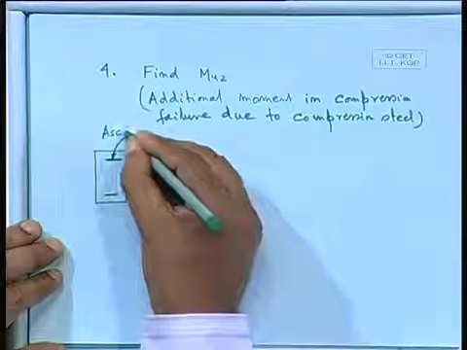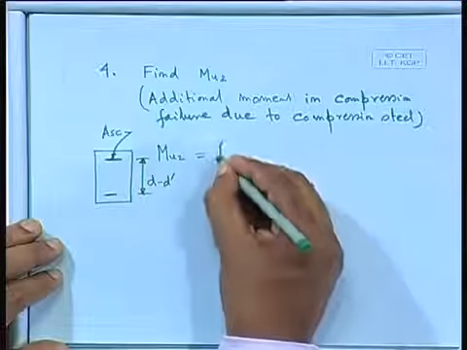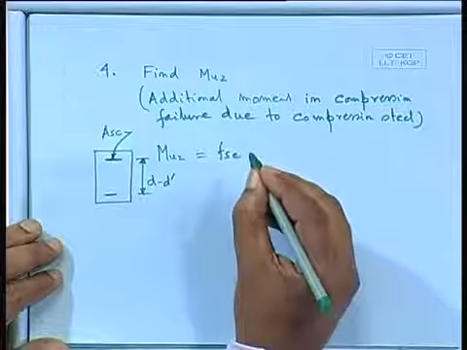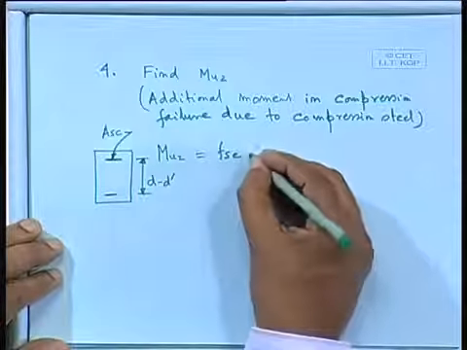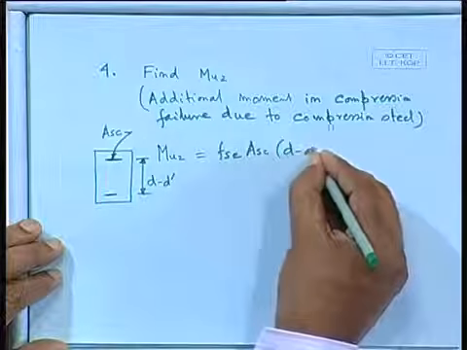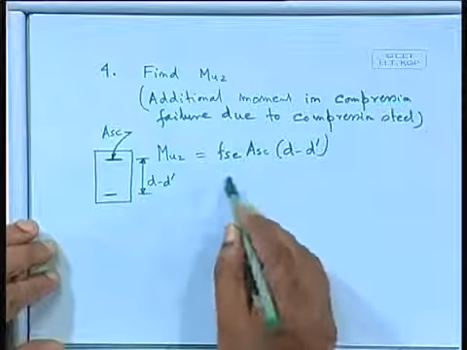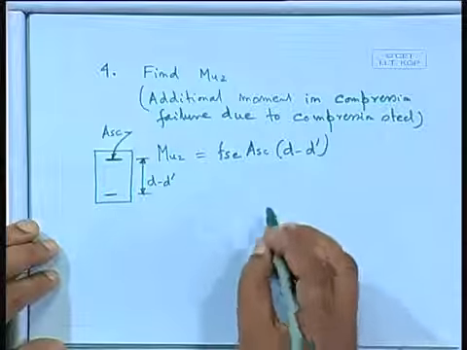ASC. So, Mu2 equal to FSC, which you have got from the strain, times ASC the force, times the lever arm, which is always d minus d dash. Mu2 equals FSC ASC times d minus d dash.